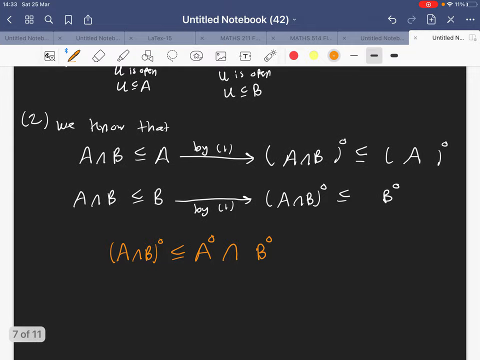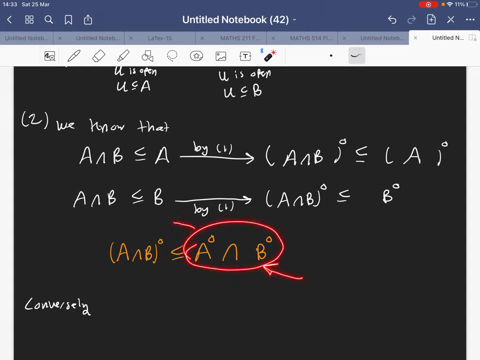Now, conversely, to prove the other direction, I will take an X which lives here, and I will prove it lives in the interior of the intersection.